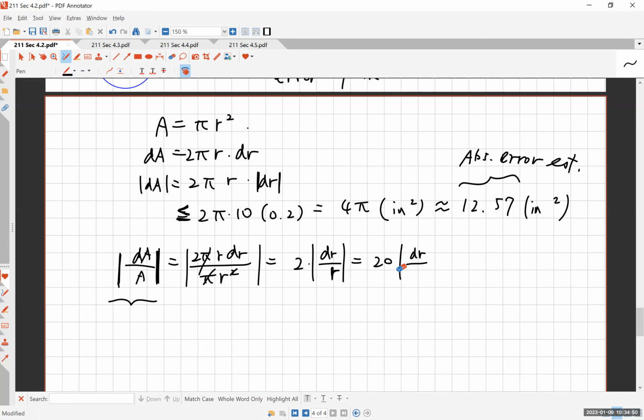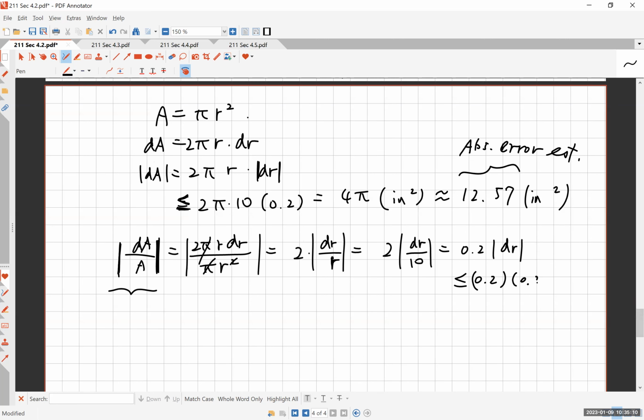And so this is 2 over 10, so this will be 0.2 dr. And of course, that's less than or equal to 0.2 times dr, which was given as plus or minus 0.2. So this is 0.04, and that is 4%.